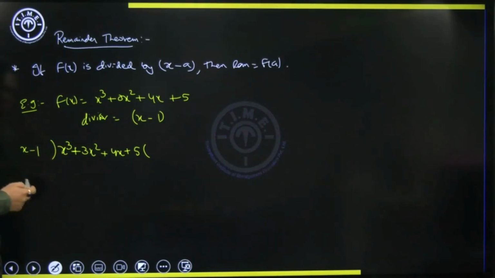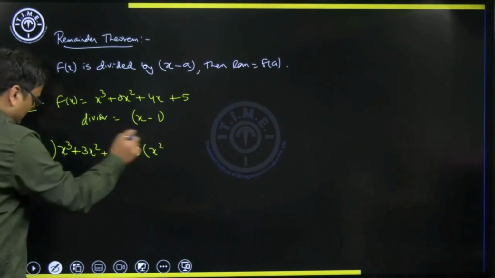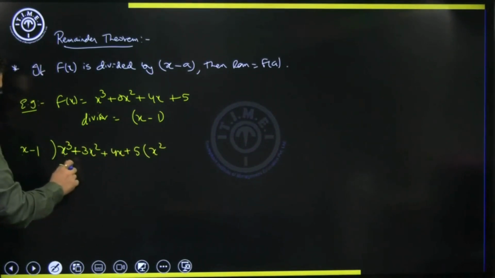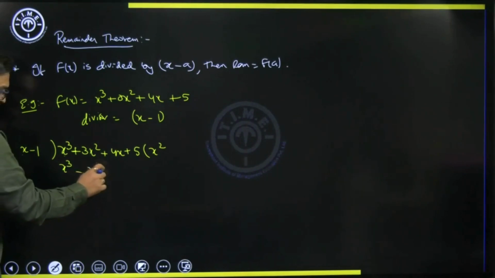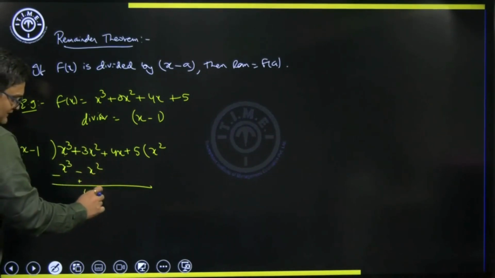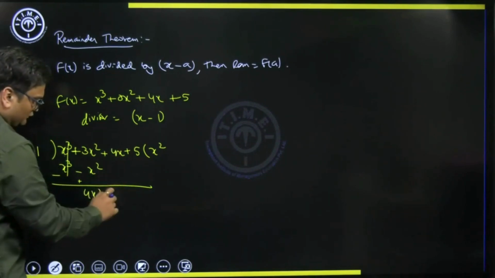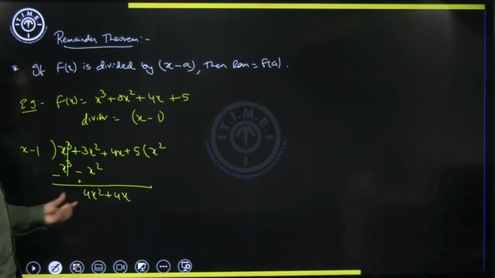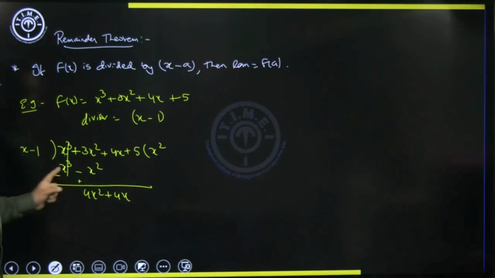How do we divide the polynomial? You divide x cube by x, the leading terms of the dividend and divisor, and it is x square. X minus 1 into x square gives x cube minus x square. Subtract, and you get 4x square. Bring down one term, divide the leading terms again, and you get 4x.